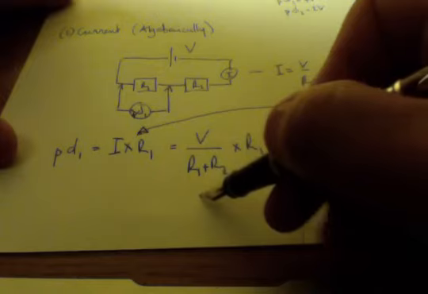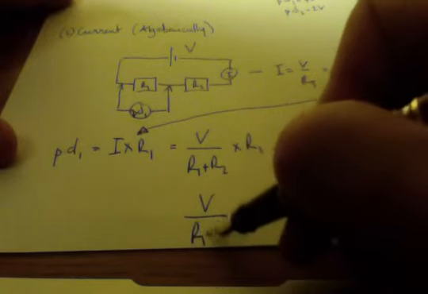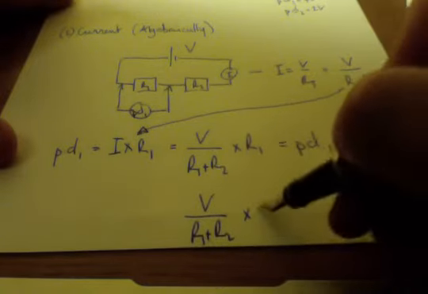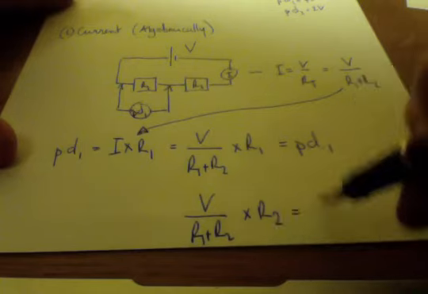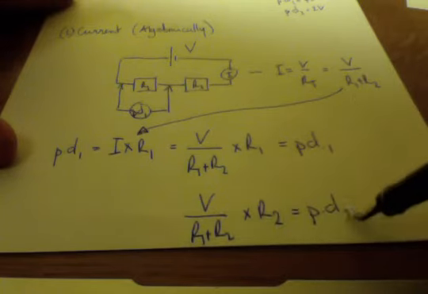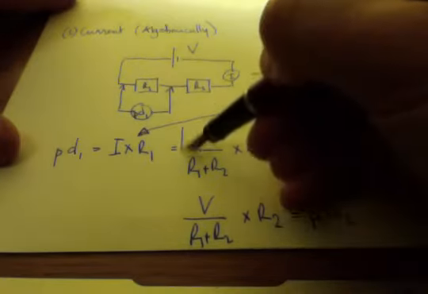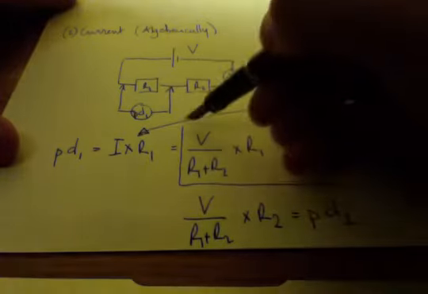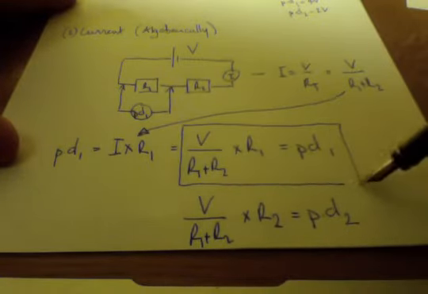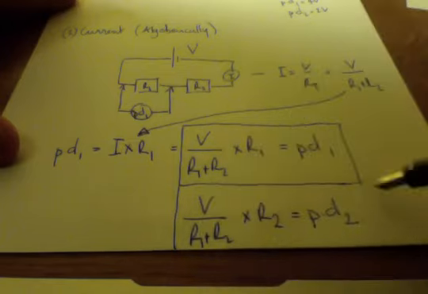Or if you want, V over R1 plus R2 by R2 gives me PD2. These are algebraically identical to what we did in the first instance.